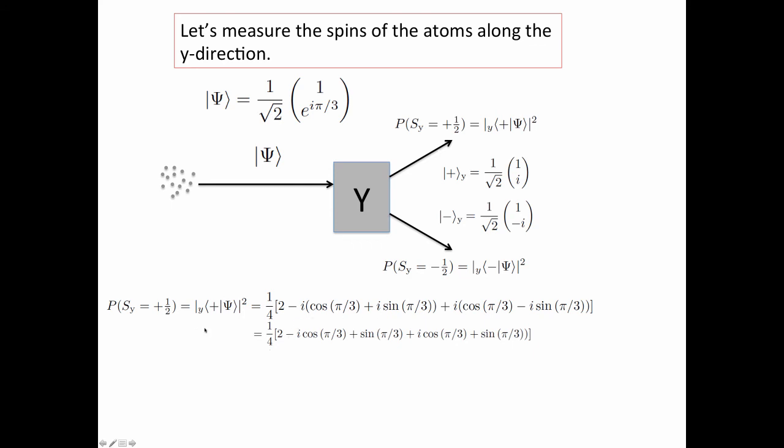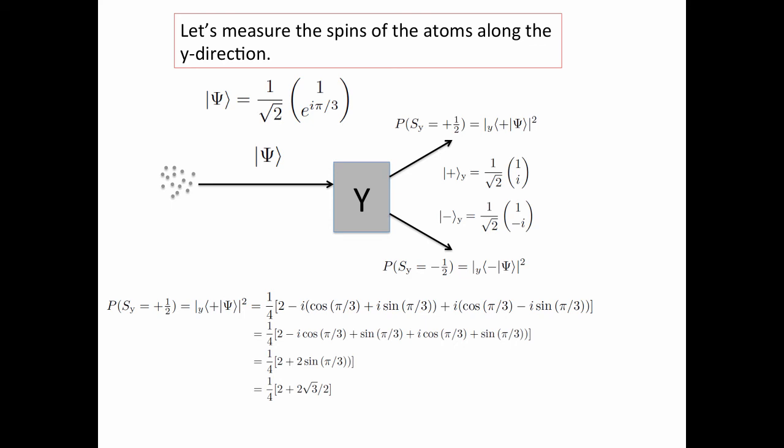So we get this combination here, that the probability is 1/4 into 2 minus i cosine pi over 3 plus sine pi over 3 plus i cosine pi over 3 plus sine pi over 3. Notice that the cosine factors actually cancel and the sine factors add together, and so we end up with the result that the probability is equal to 1/4 into 2 plus 2 sine pi over 3.